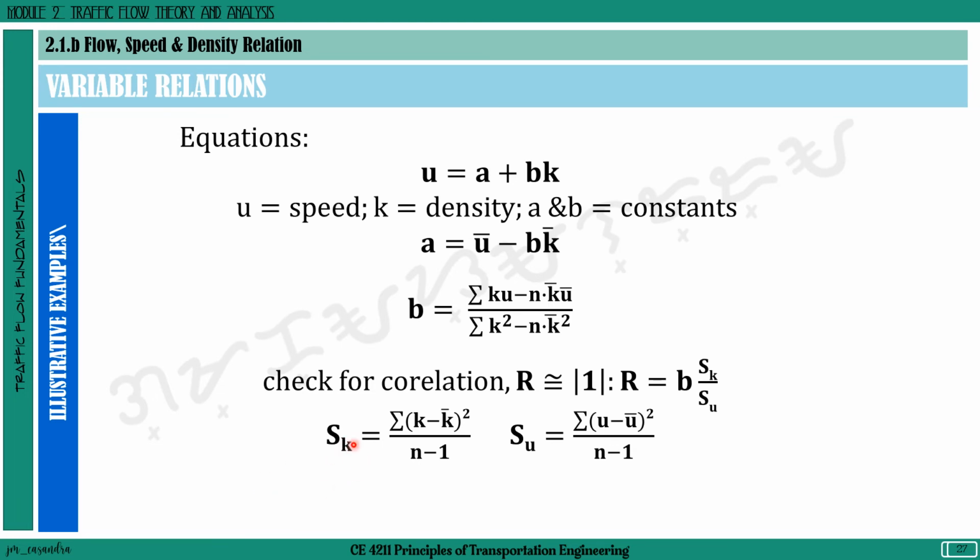The only difference is that we use the density for S sub K and the speed for S sub U. So we have the summation of the quantity K minus K mean squared divided by n minus 1. So always take note of these equations.